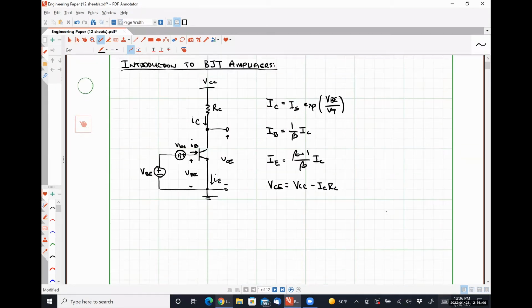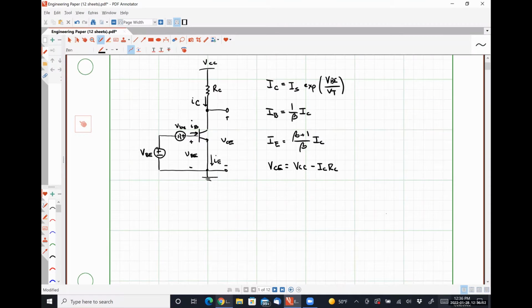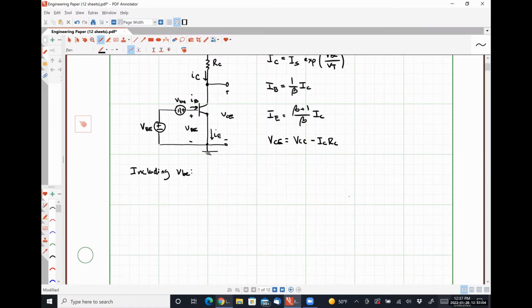So if we include the perturbation, lowercase vbe, we should see that lowercase i capital C becomes IS exp of capital VBE plus lowercase vbe, all divided by our thermal voltage, right?